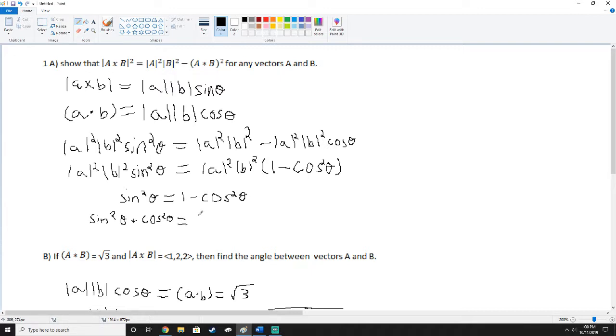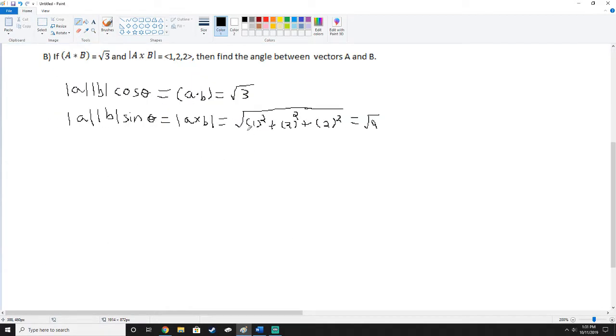So really, from substituting the definitions of the cross product and the dot product, we're left with sine squared theta is equal to 1 minus cosine squared theta, which is just another way of writing sine squared theta plus cosine squared theta is equal to 1, which thus shows that for any vectors a and b, this equation holds true.